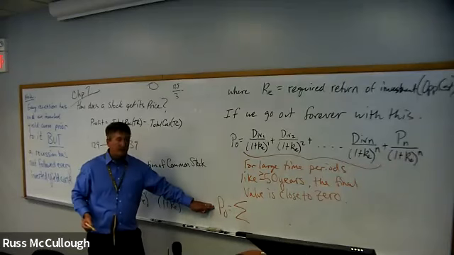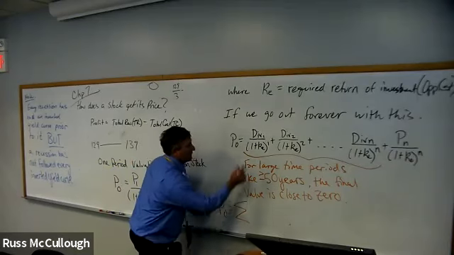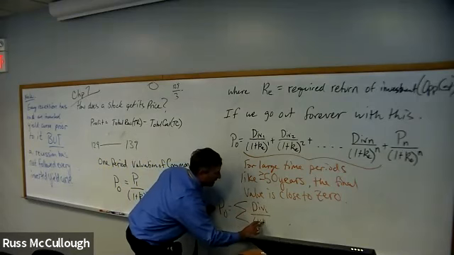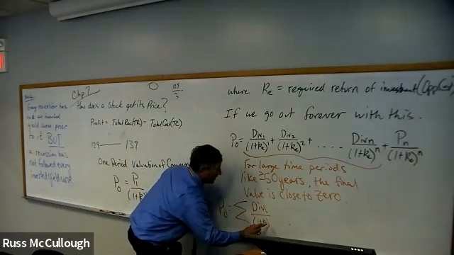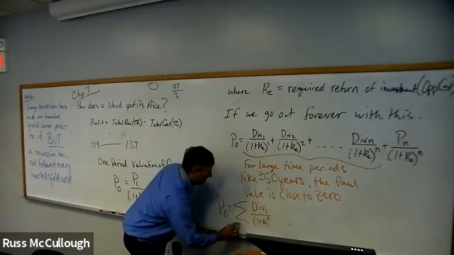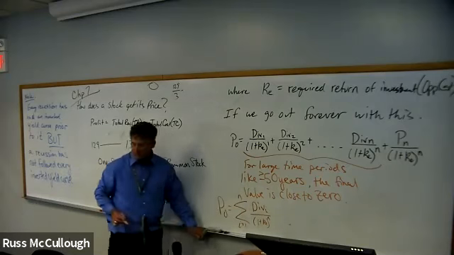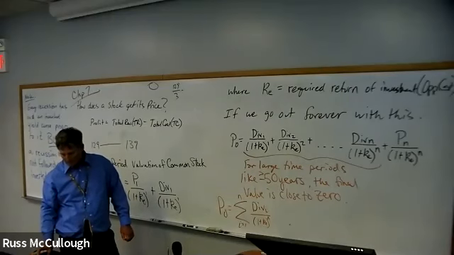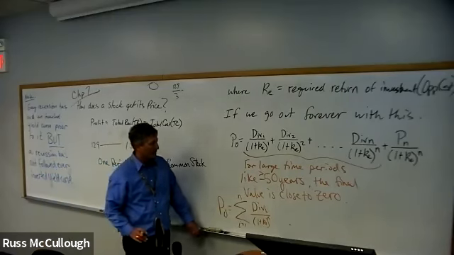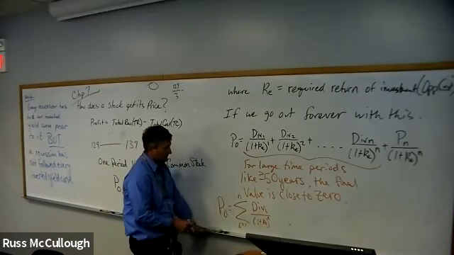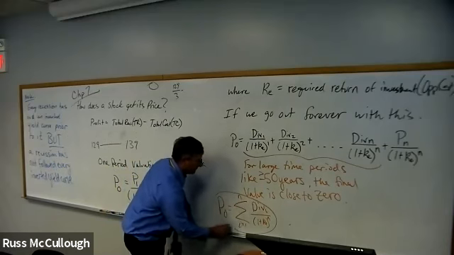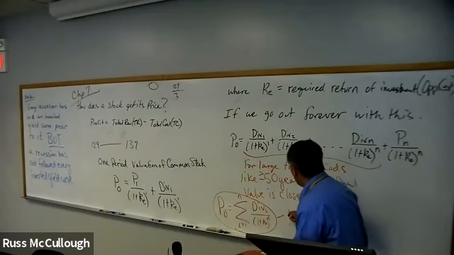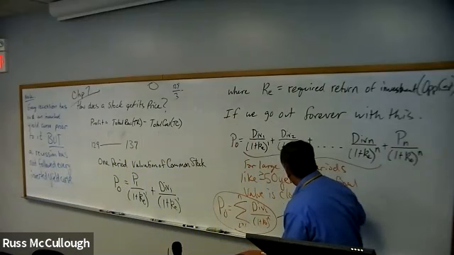Today's stock price is really only based on dividends. Dividend in time period I over 1 plus KE raised to the n power, I equal 1 to n. So it's like we're just chunking off that. So I'm just kind of saying here, dividend is all that matters.